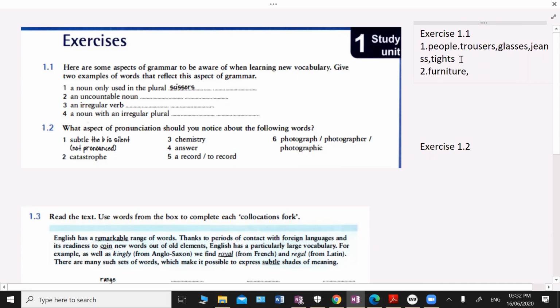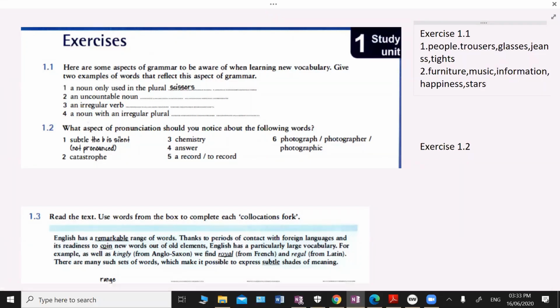Yes, it is music. Then information. Information is another example. Happiness. Yes, that is an abstract noun. Stars. Or any liquid like milk or water.